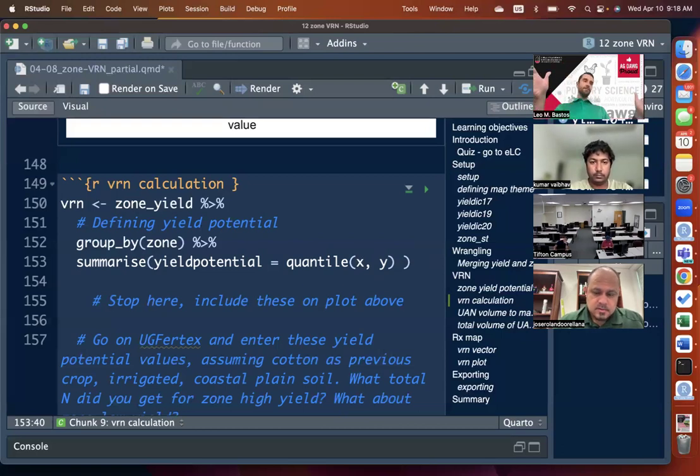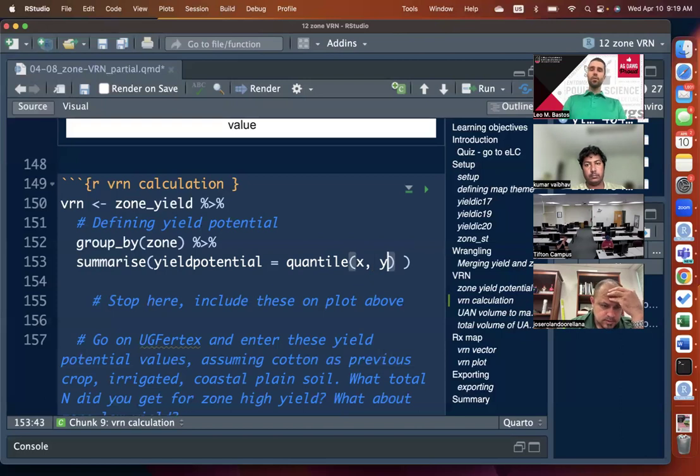If you take your data and sort it from lowest to highest, the quantile is whatever value you have at a given position. For example, the 50th quantile is called the median. In our case, we want the 90th quantile, so it would be the 90th position if you sort your yield values from lowest to highest.